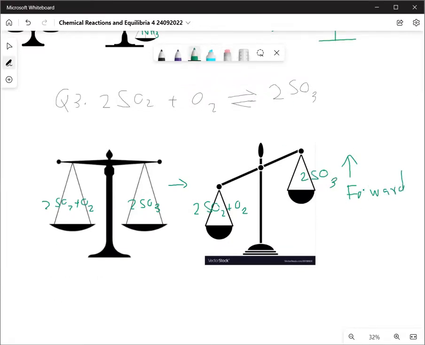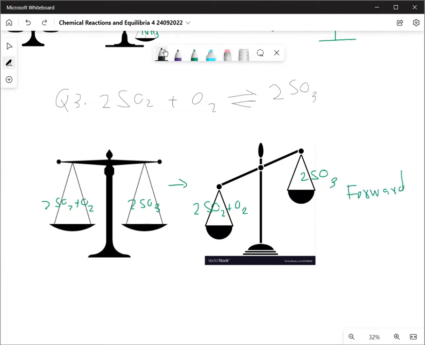Niranjana, can you answer this question? Just a second. Look at the question again. At first it was balanced. Then I increased the reactant side. So let's say I'm increasing the reactant side.